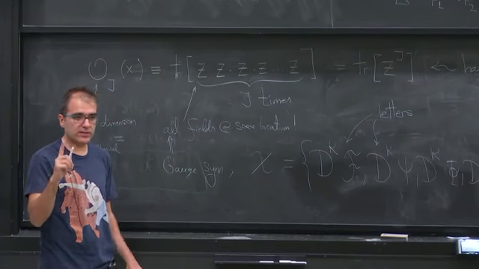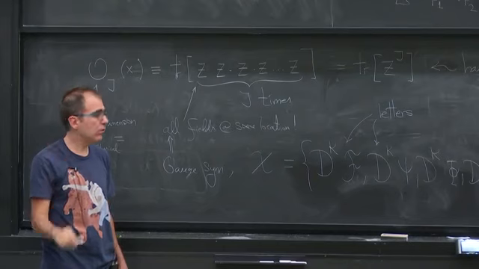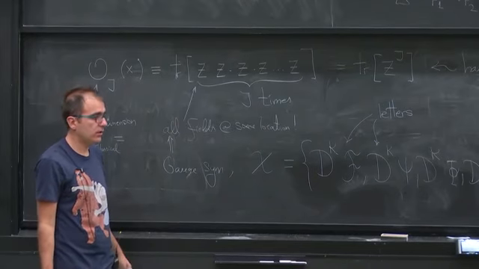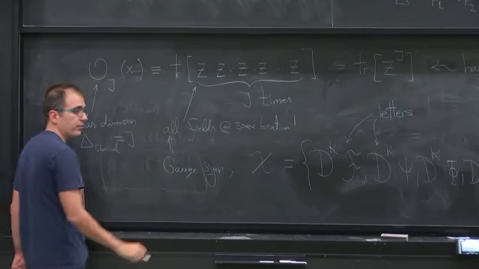What's the dimension of one scalar? In 4D, it's 1. So what's the dimension of this operator? J. You have J scalars, so dimension J.